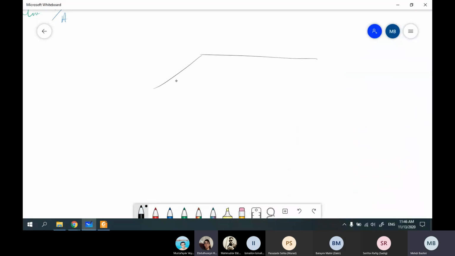Hanger is something, for example, a member that something hangs from. For example, you need to install some projectors, and you connect a member.